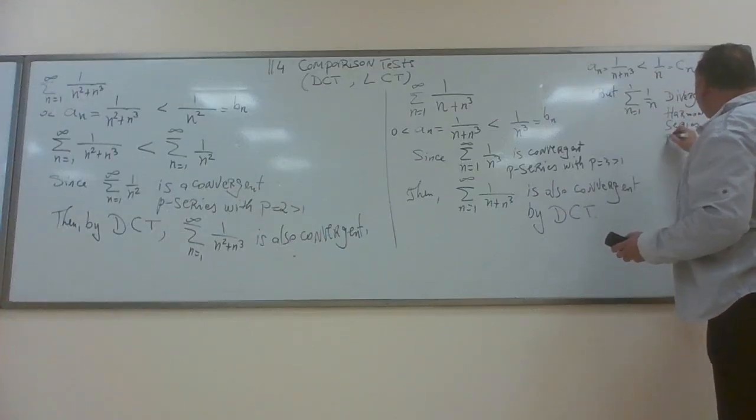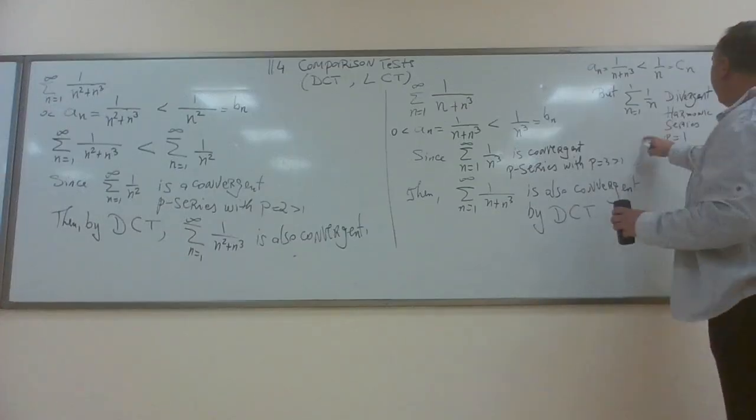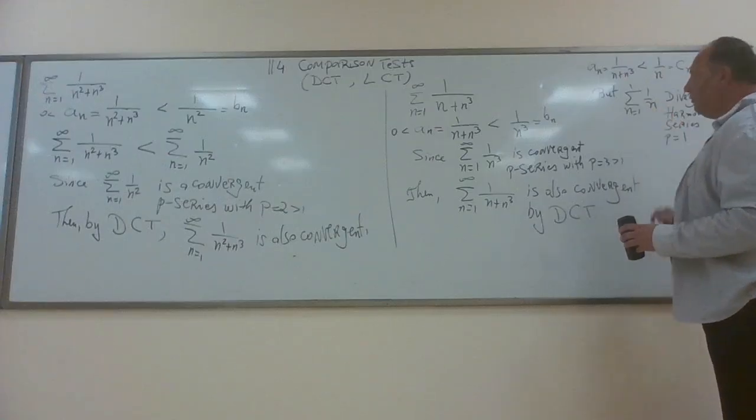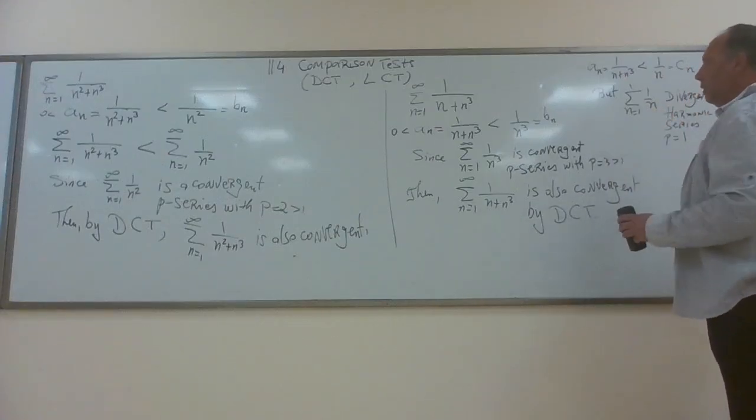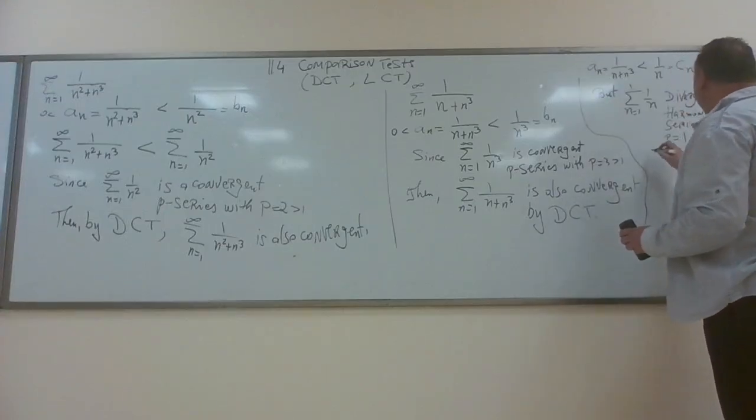So here p is equal to 1 and it is divergent. So we remember this p series, when p is strictly bigger than 1, it's convergent. But if p is 1 or smaller than 1, then the series is divergent. So now what we have is the bigger series is divergent. We cannot say anything about the smaller series, right? So that's a problem.